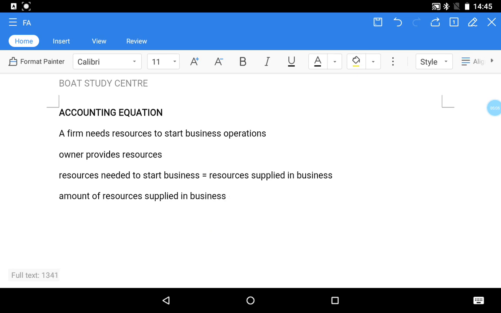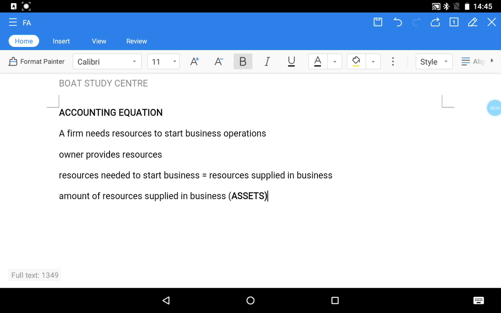When it reaches the business, it is called assets.